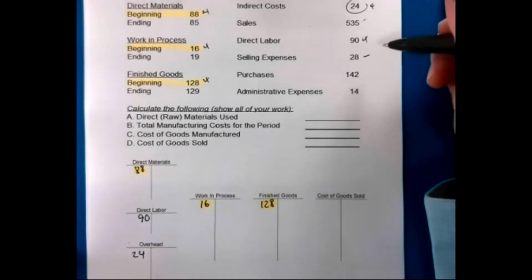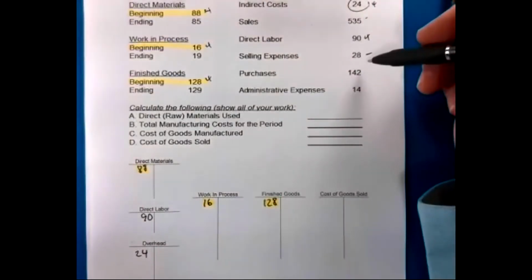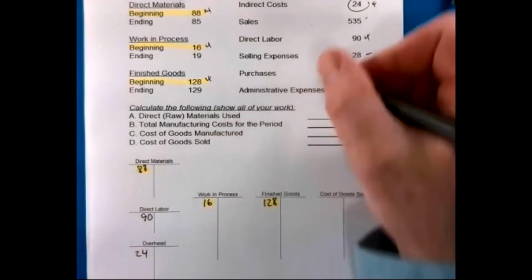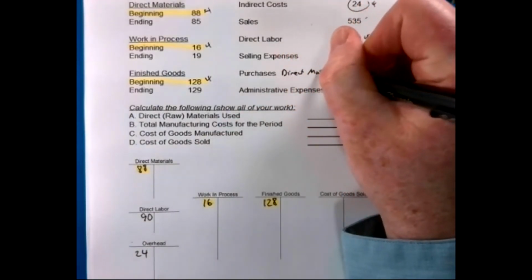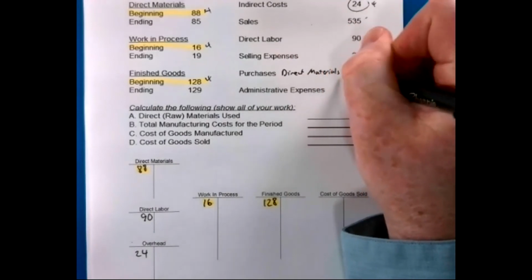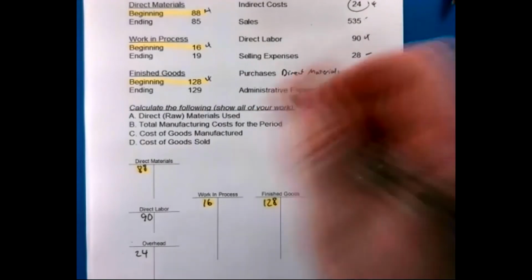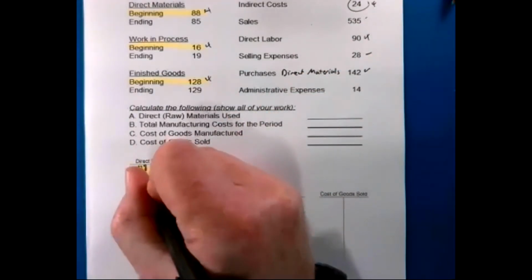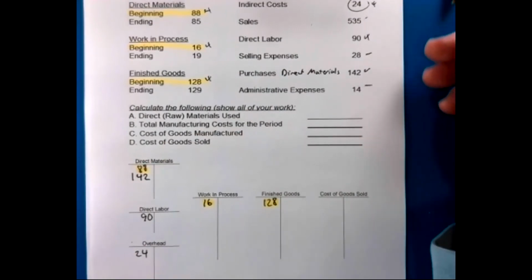Selling expenses are things that are not overhead. Selling expenses. Purchases are of direct materials. And administrative expenses are not.